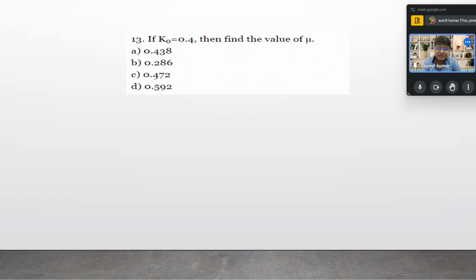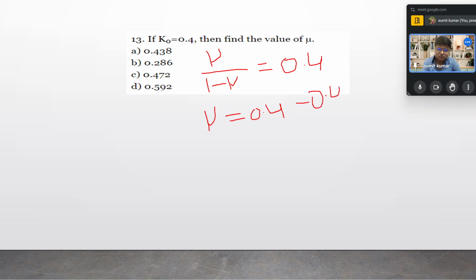Right? When we move to the next problem, the value of K naught is given and mu is asked. So mu by 1 minus mu equal to 0.4. When you do your calculation, mu equals 0.4 minus 0.4 mu, right?